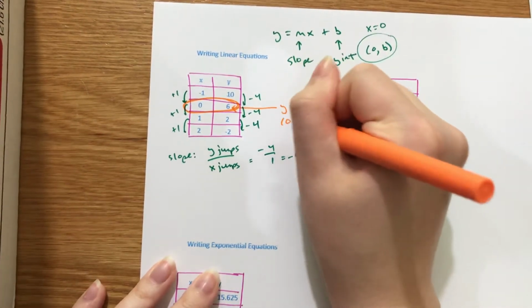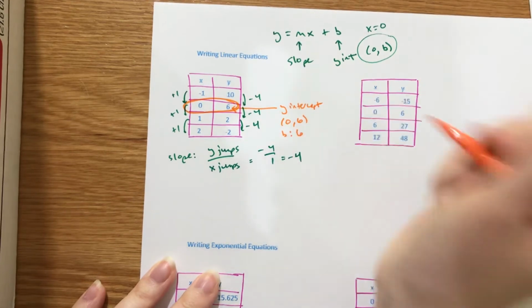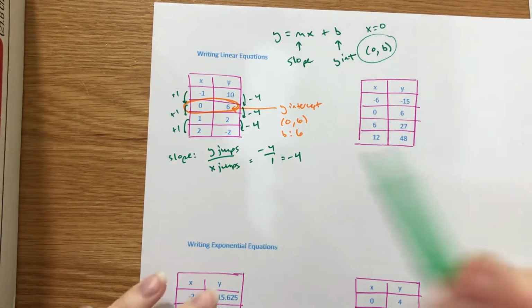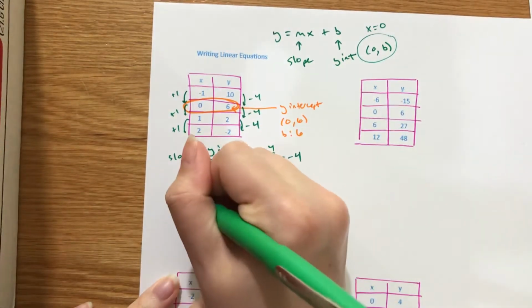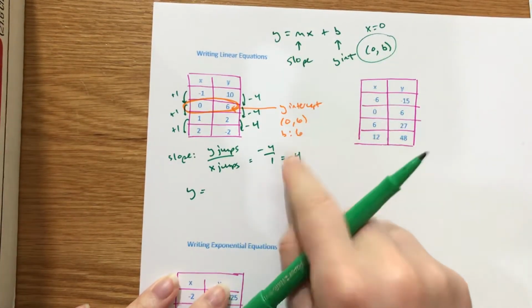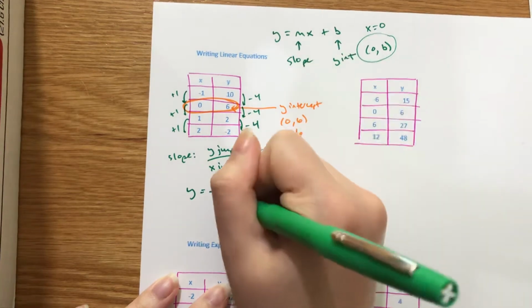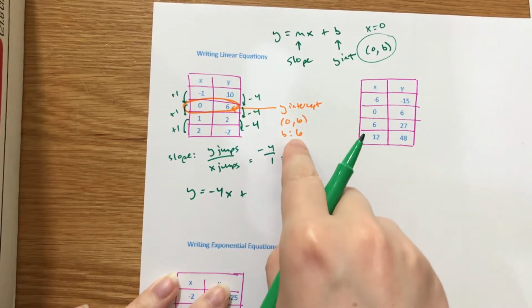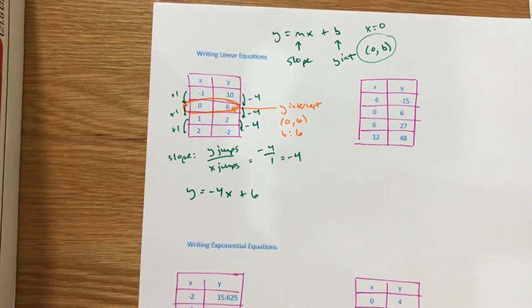So our y-intercept is 0, 6, so the b value is 6. All right, so we know both of our pieces. So just fill in. Y equals m, which is -4, times x, plus b, and our b value based on the y-intercept is 6. So there's our equation based on the table.